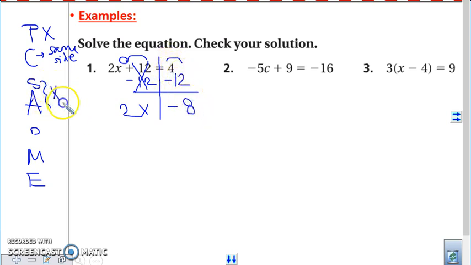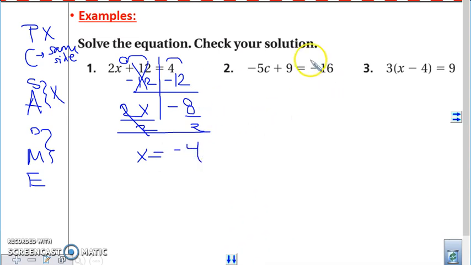We undid subtraction and addition, now undo division and multiplication. Is there division or multiplication? Yes. Divide by 2. We undid the multiplication here. Don't forget that says multiply. x equals negative 4.